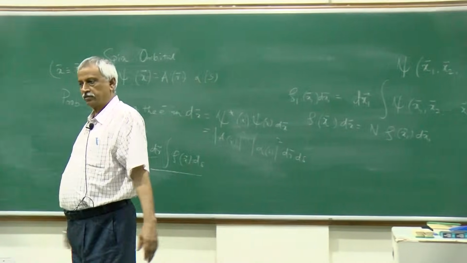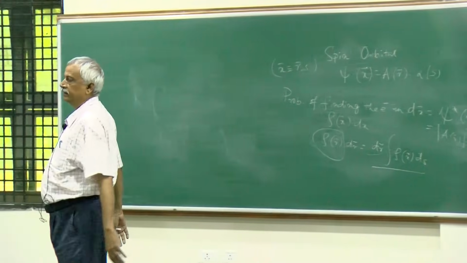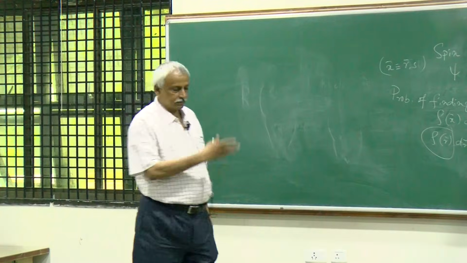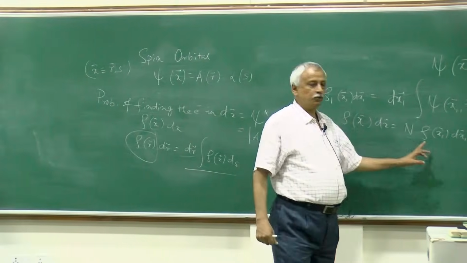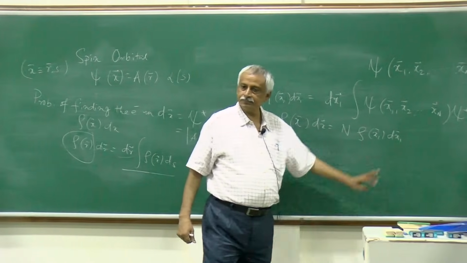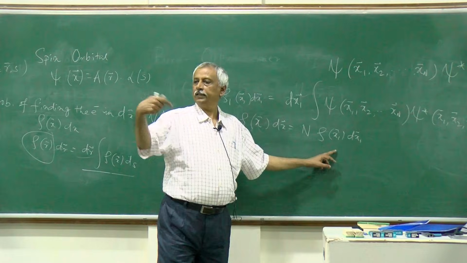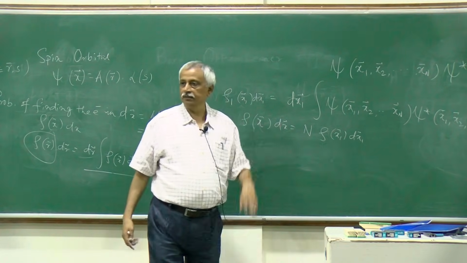Any one of those electrons can have the same. So altogether, if I want to tell that any one electron would be in some volume element dx, it would be n times this one. Okay, this was exclusively for electron 1. Now, similarly for electron 2, you will get a similar picture. Electron 3, n times you will get this.